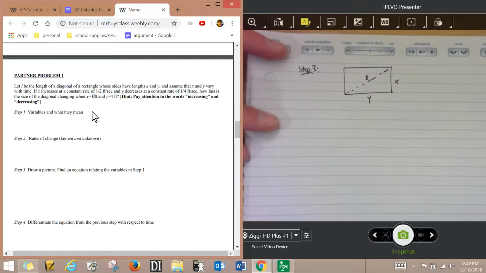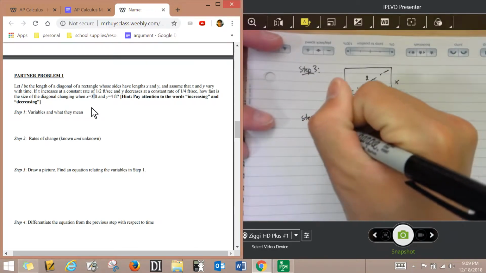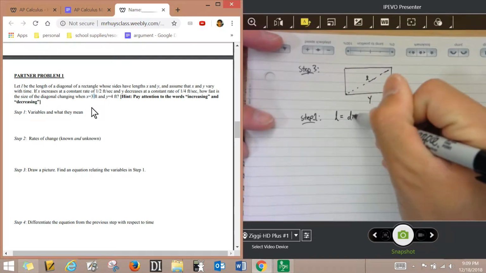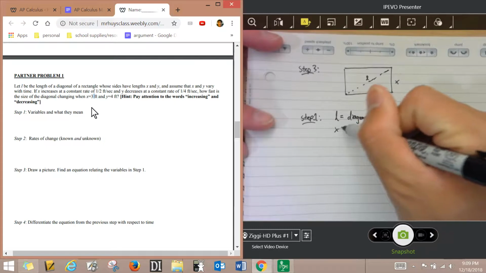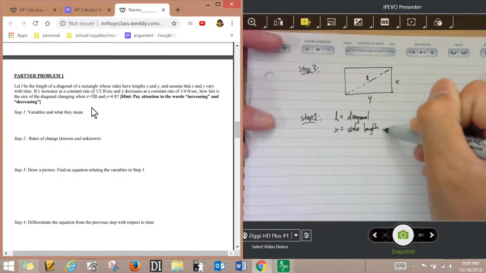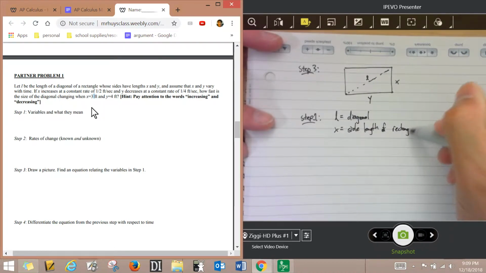Okay, so let's take a step back to step one. I got L is equal to the diagonal, x is equal to a side length of a rectangle, and it does give me what instance I want.